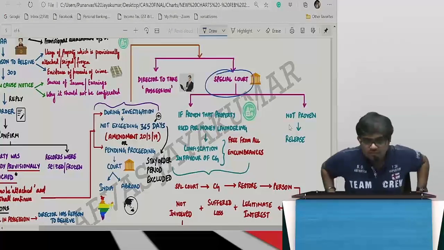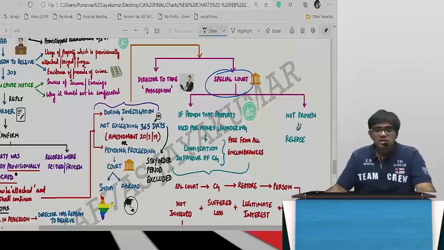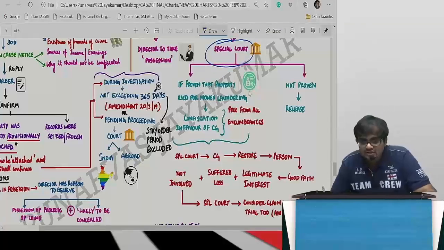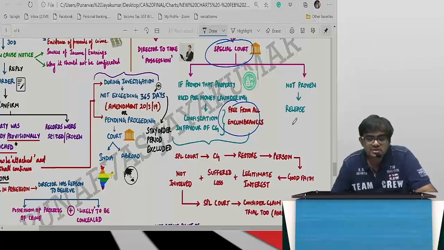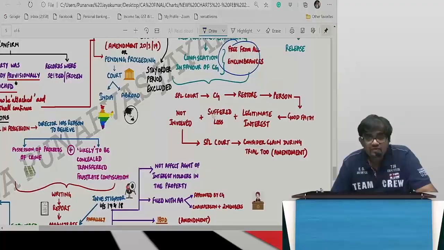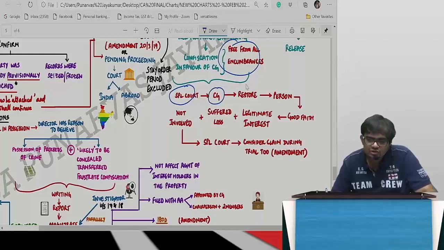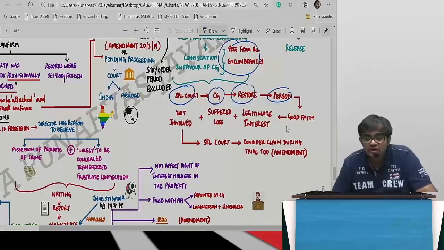If it is proven that the property is free from all encumbrances, and a person goes and says it was my property, I did not know that my son was using it for money laundering, the special court, after application by the Central Government, can restore it to the person if in good faith and legitimate interest she can prove it.